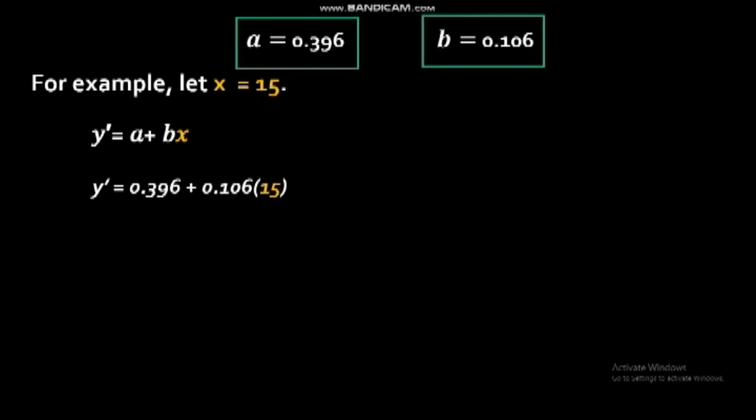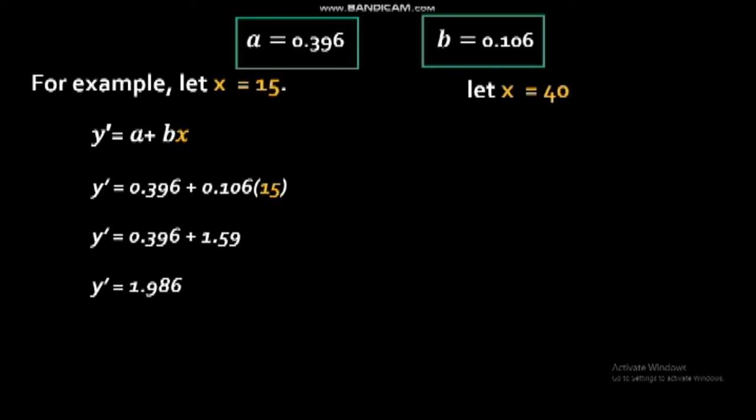Y prime is equal to 0.396, which is the given value of a, plus 0.106 multiplied to 15. Y prime is equal to 0.396 plus 1.59. Y prime is equal to 1.986.